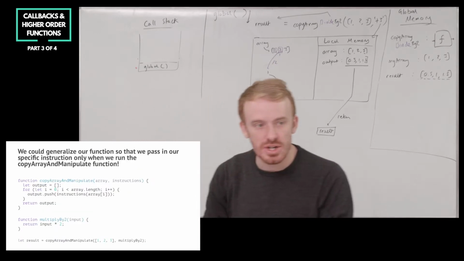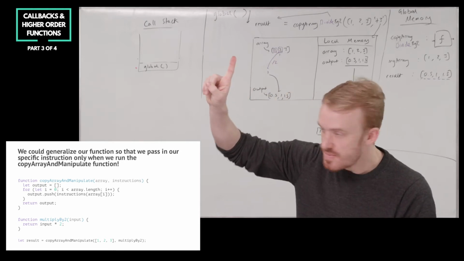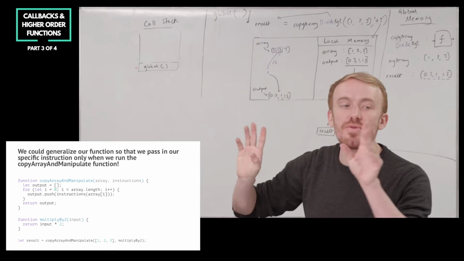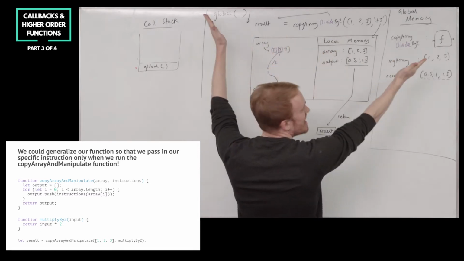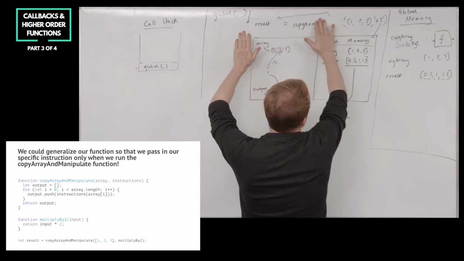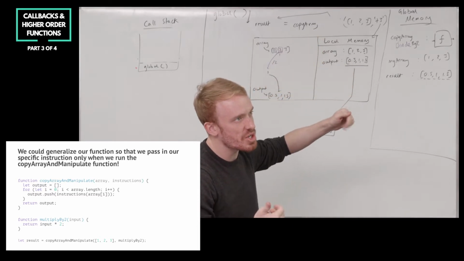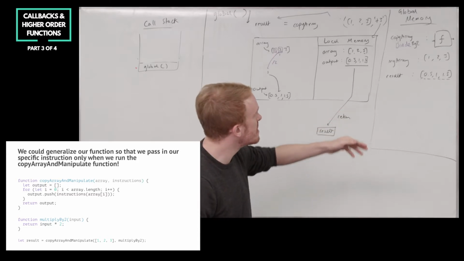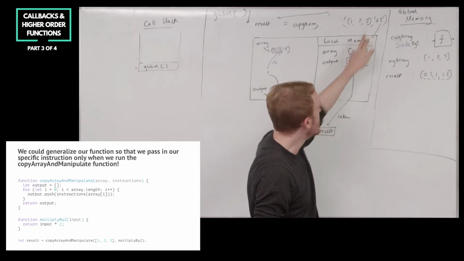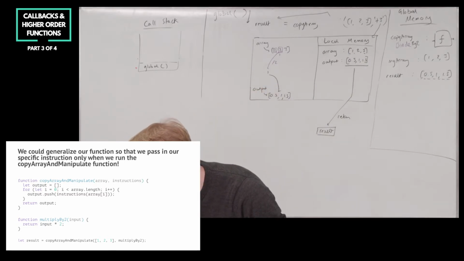We can generalize our function so that we pass in a specific instruction only when we run it. So we can build a brand new function called copy array and manipulate, and when we call that function, when we invoke that function, at that point we can pass in the specific functionality. But we're going to represent that with these instructions.